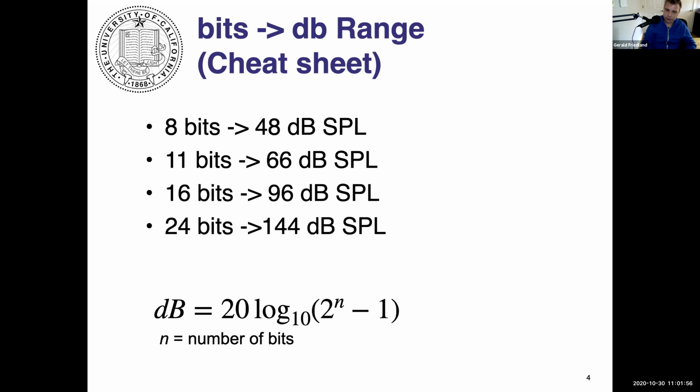And other than that, 2 to the power of n minus 1 is obviously a pretty standard formula. So the way this works is you actually get the signal level, right? So 2 to the power of 8 will be 256, minus 1 is 255 because you usually start at 0. And then you take the 20 log 10 of that. That's how you get to decibels. Any questions about this?